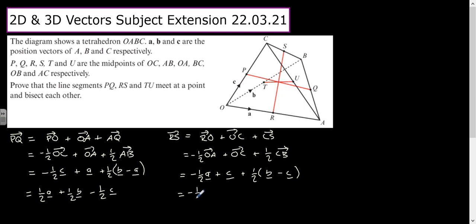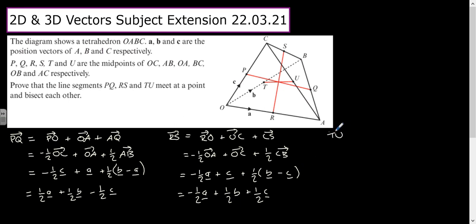Expand and collect: minus half a plus c plus minus a half c. So we've got plus half c. Let's write them as a's, b's, and c's in order. So how many b's? Plus half b. And then c plus half times minus 1, so minus half c. So we've got PQ and RS.